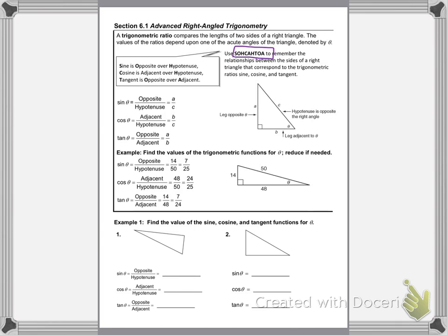In IB math, we only use sine, cosine, and tangent. We don't use cosecant, secant, and cotangent if you've done those before. SOHCAHTOA can be a great way to remember them. The only bad thing about that is sometimes people spell it wrong. So use whatever way you can to remember that, anything kind of silly.